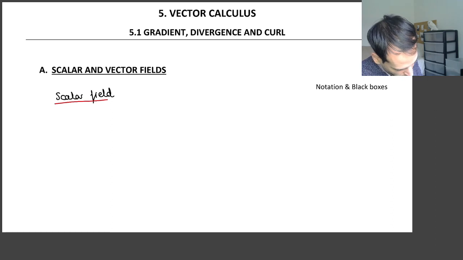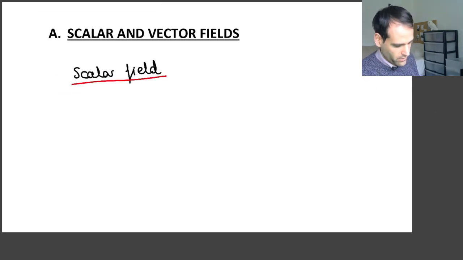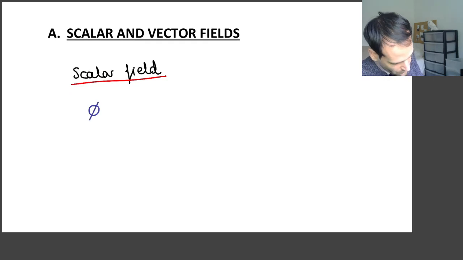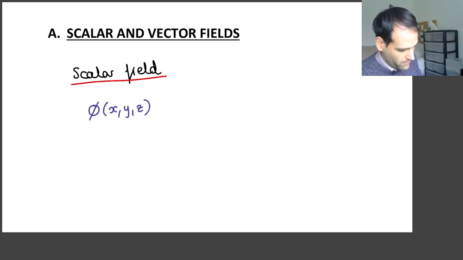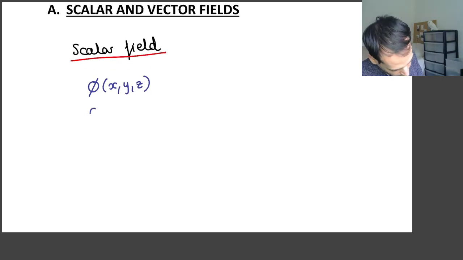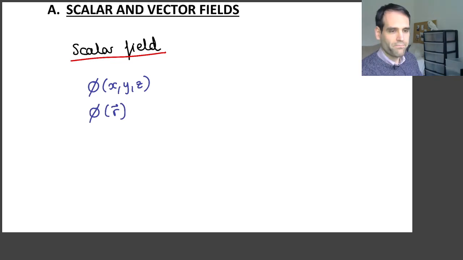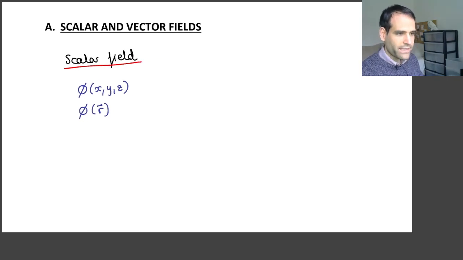So a scalar field in physics applications is simply a scalar, which I typically write as capital phi, which depends on position. It depends on x, y, and z. Sometimes we just write this as a scalar phi, which depends on the position vector r. Okay? This is a scalar field.